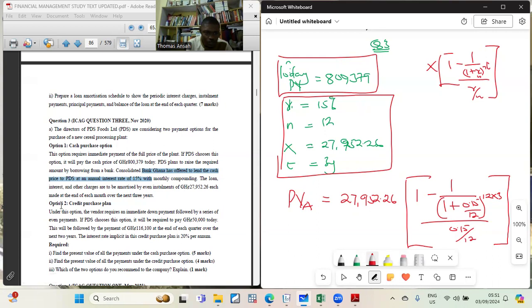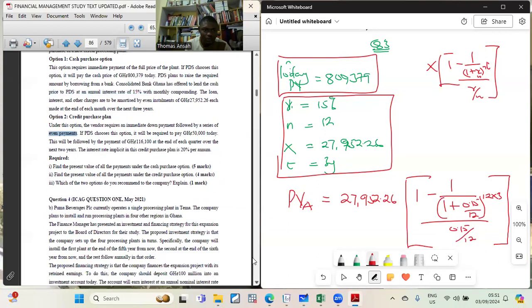Under this option, there is a credit one. Under this option, the vendor requires an immediate down payment followed by a series of even payments. So there's a down payment first, then there is another payment. All right. Then it says that if PDS chooses this option, it will be required to pay 50,000 today. So if money is today, we don't PV it again, because it's already in today.